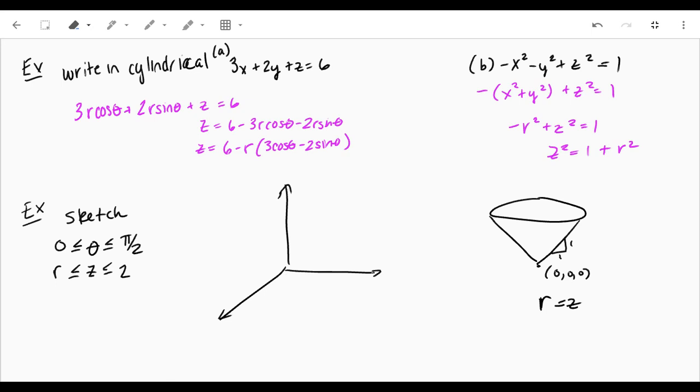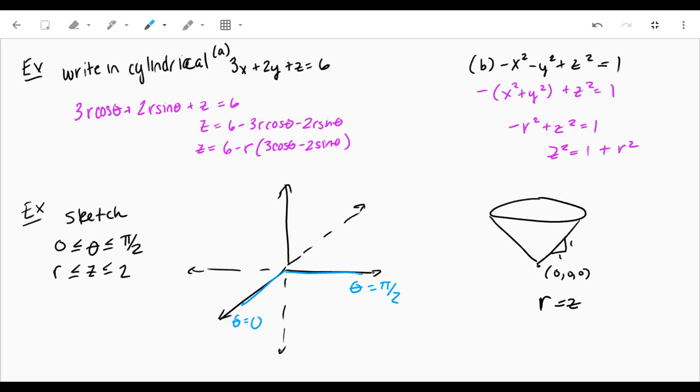Okay, so if theta is between 0 and pi over 2, here's theta equals 0, here's theta equals pi over 2. We're only in that range there. So that'd be the first octant and the fifth octant, I think, if I'm numbering my octants correctly.